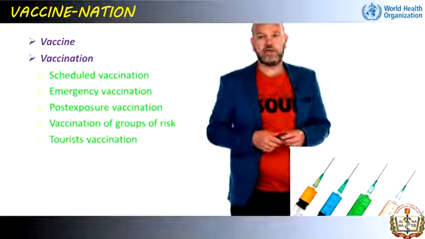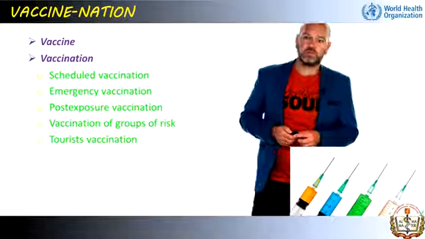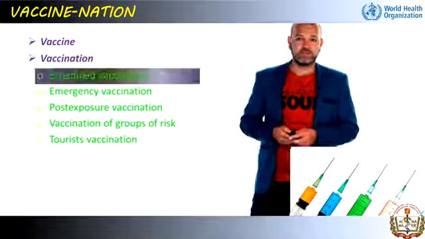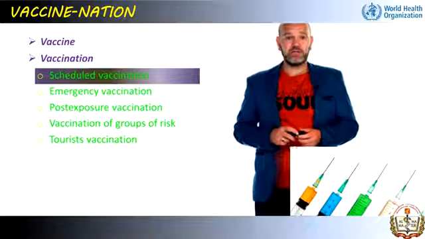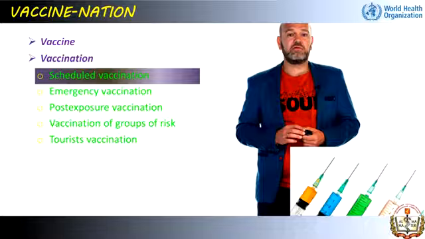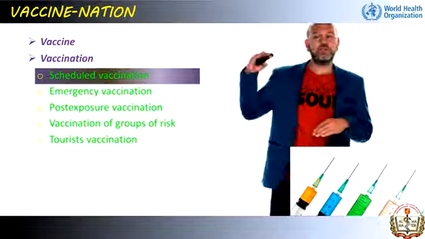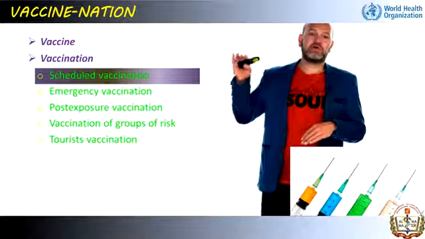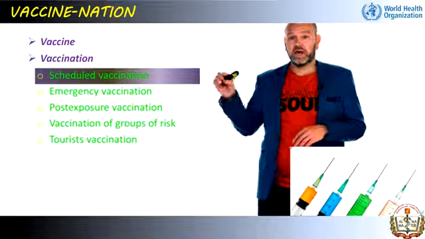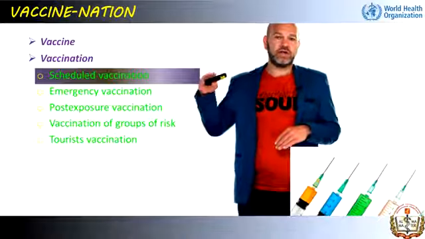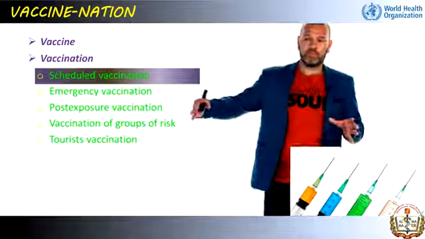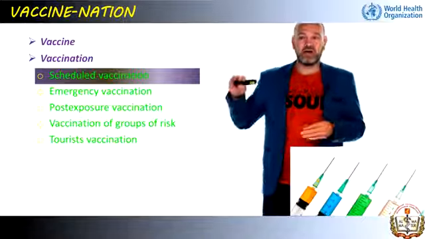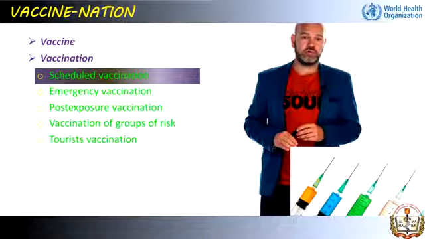So as you can see, we have five of them. The very first and most important one is scheduled vaccination. Scheduled vaccination means we have a national schedule of vaccination. It is a scheme which is unique for every country, and it indicates which vaccines should be used in that particular geographic area for every citizen of the country.